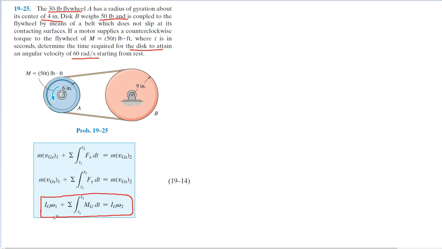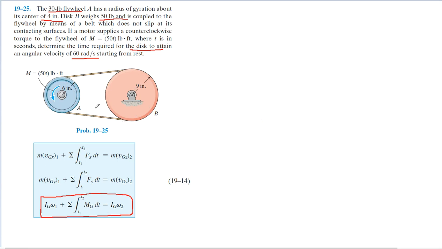So initial angular momentum plus the impulse of the moment between 0 and t, that we need to find, equals final angular momentum, and the angular momentum will be of the two rotating bodies.